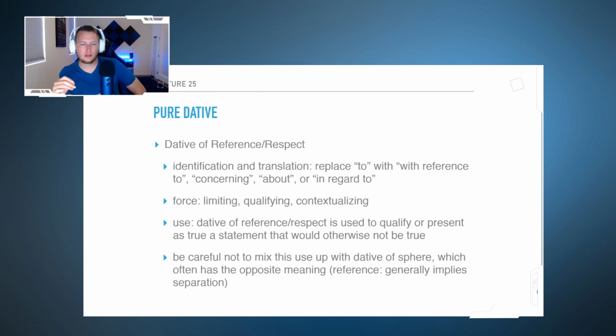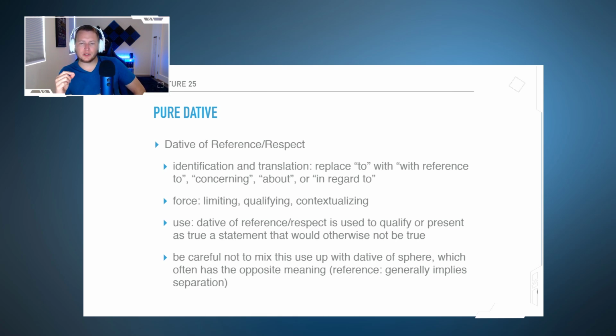Why would they use it? The dative of reference or respect is used to qualify or present as true a statement that would otherwise not be true.